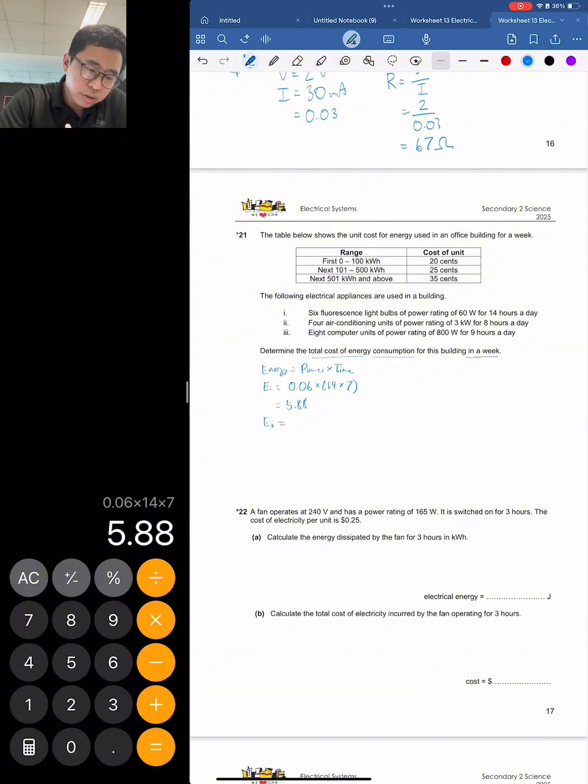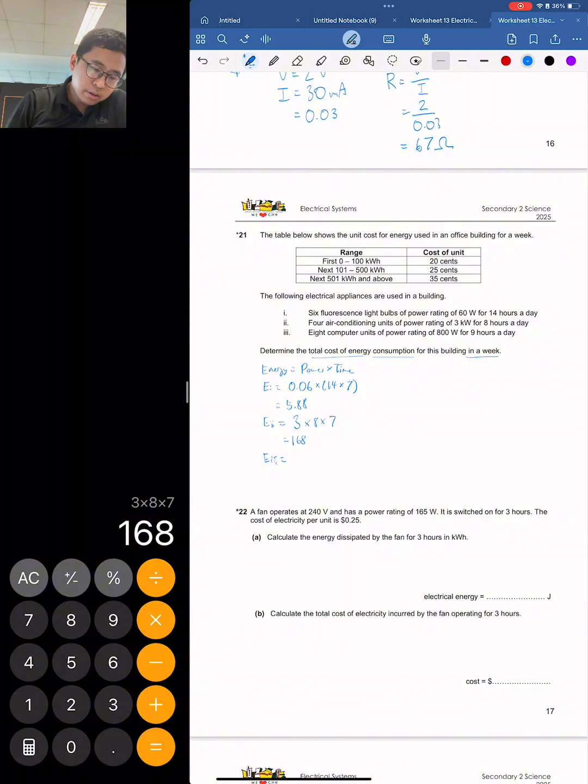The next one is 3 kilowatts times 8 times 14, oh, not 14 times 7. So it's 3 times 8 times 7, it's 168.